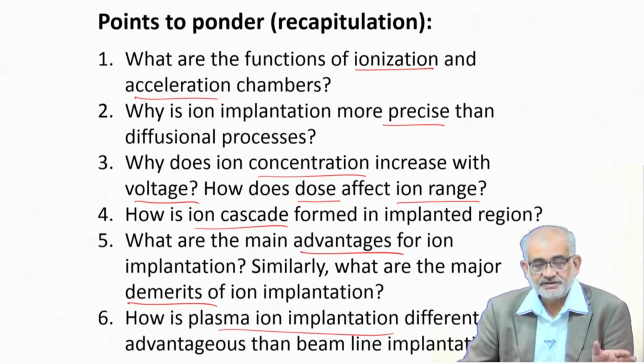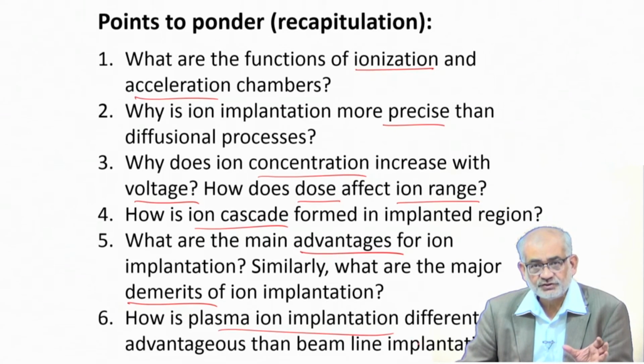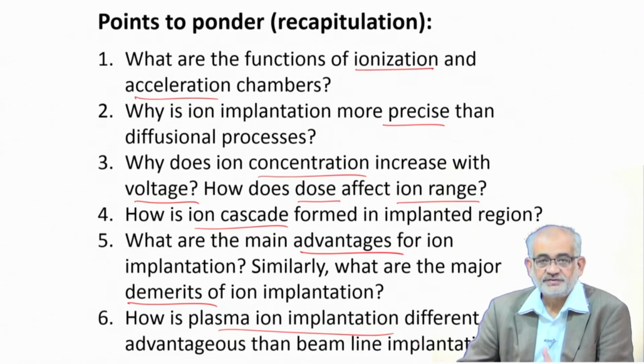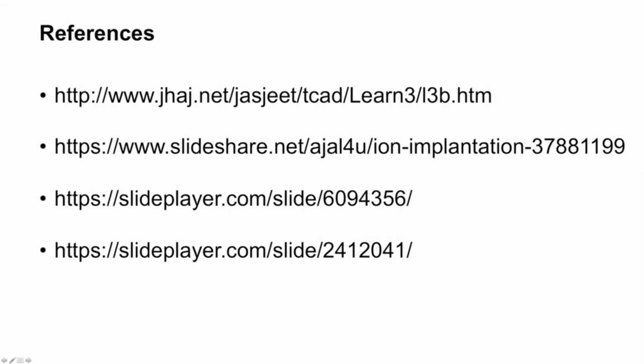So we'll stop here. We have discussed the overall scope, mechanism, process and the equipment involved for ion implantation as one of the direct energy beam processes. What remains now are the discussions on electron beam and laser beam. Thank you very much.